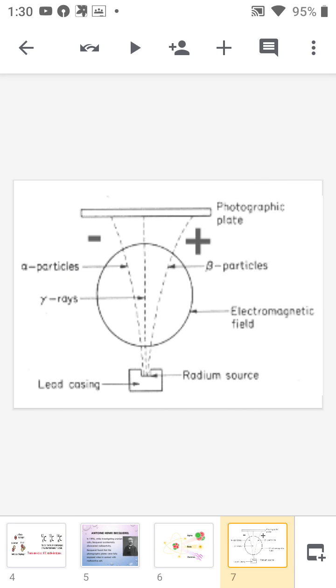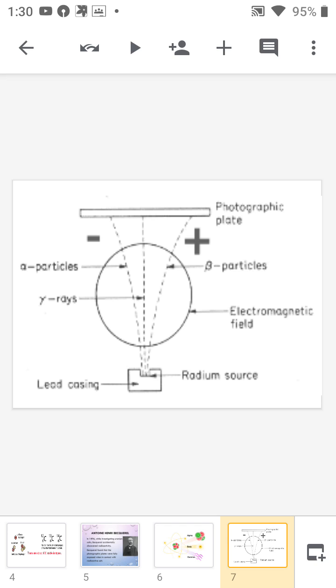And if you keep a radium source inside a lead casing, it will naturally emit radiation. And if you apply an electric field, some of the radiation is deviated towards the positive field. So we call it a beta particle, since it has a negative charge.